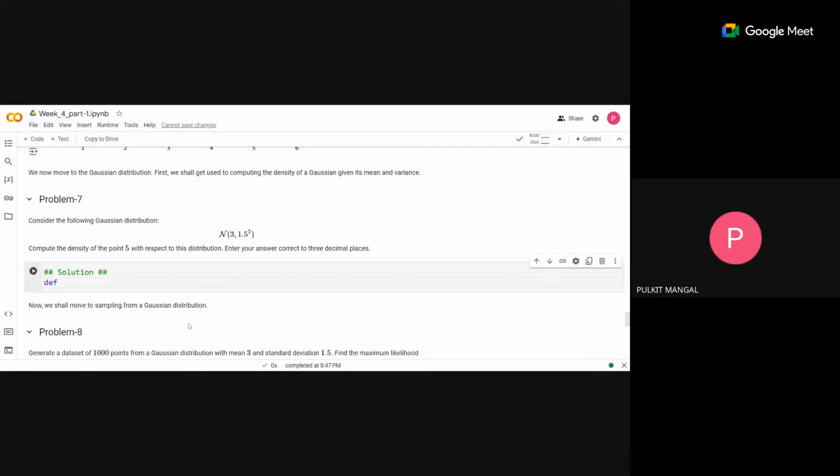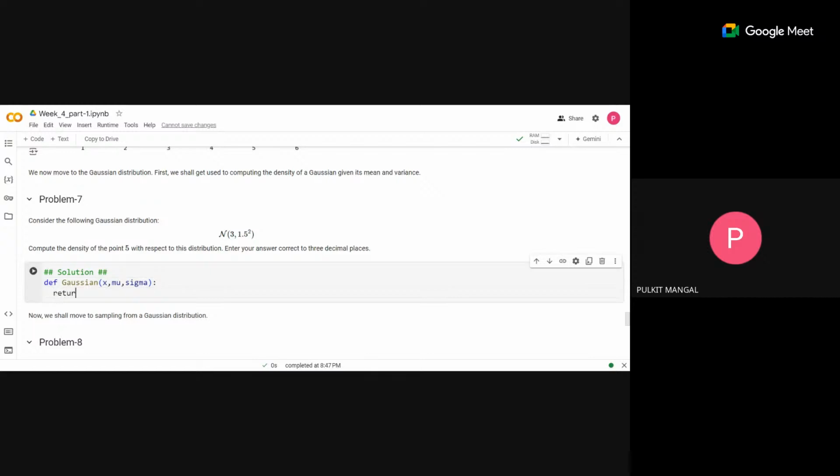For that, I will create one function named Gaussian. It takes the parameters x, mu, and sigma. And what will it return? The value that we want.